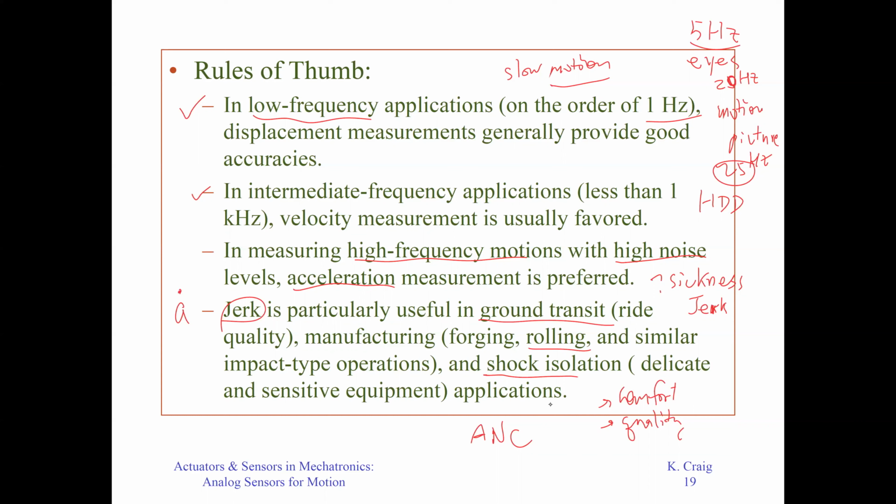But at like 1000 Hertz, it's better to measure velocity. If you have a very high noise level, high frequency motion, then it's better to use acceleration. Then you integrate the acceleration, you get speed. Integrate again, you get position.